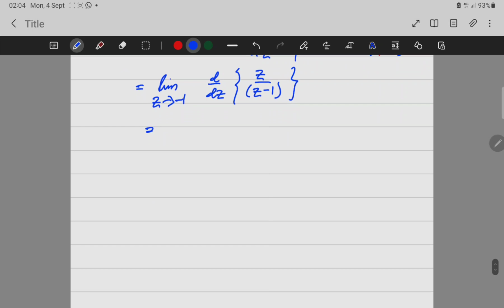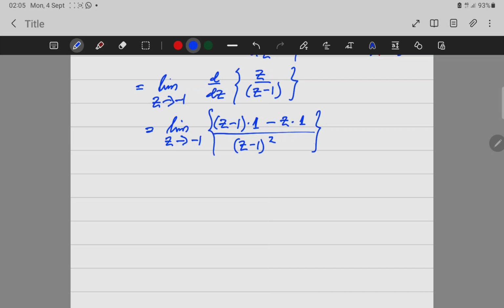The result will be the limit as z goes to minus 1, using the quotient rule, of ((z minus 1) times 1 minus z times 1) all divided by (z minus 1) everything squared.